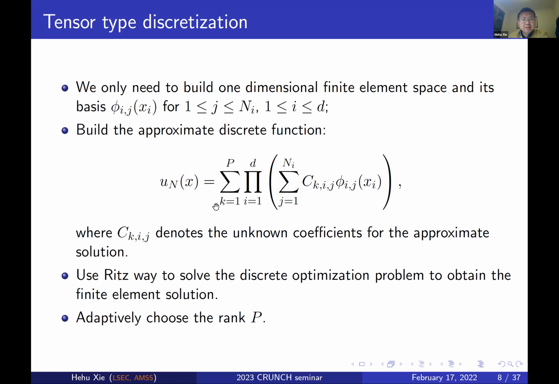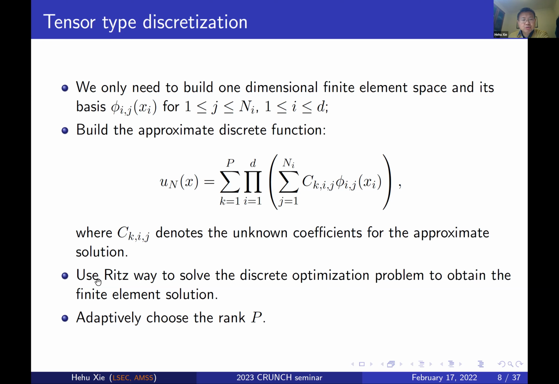Another point is that we directly use this tensor decomposition to build the trial function for the discretization. But another important thing is that we use the optimization method to solve this optimization problem.